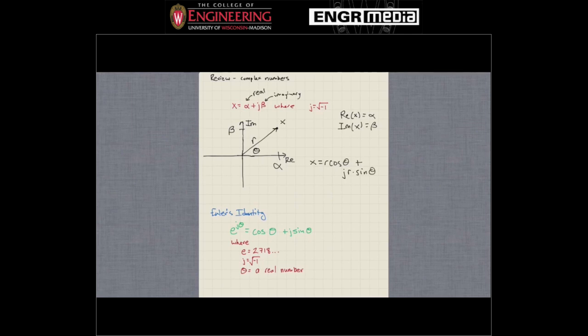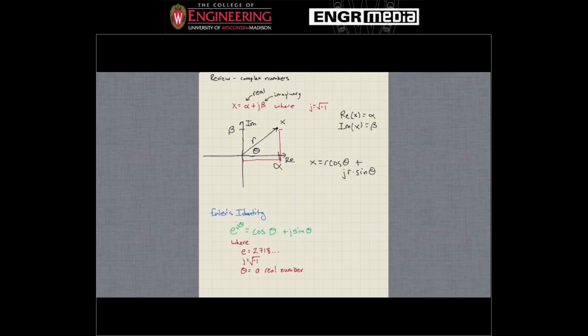Okay, and that's just basic trig, right? This distance is going to be r times the sine of theta, and this horizontal distance, that's r times the cosine of theta. So that's another way we can represent x. All right, now let's jump down and look at Euler's identity.